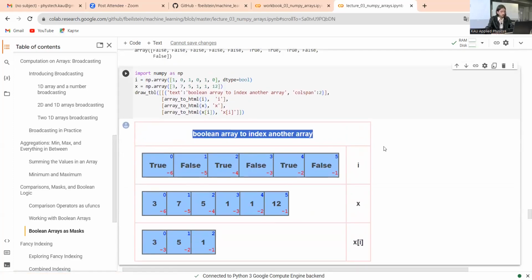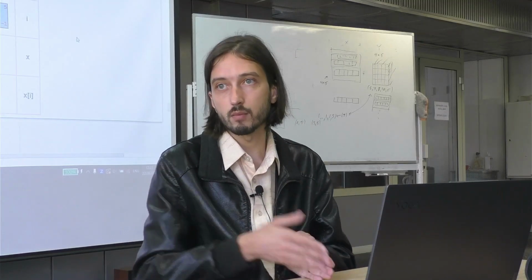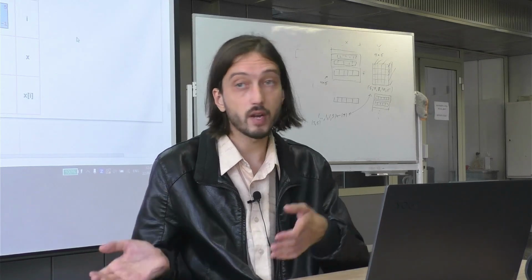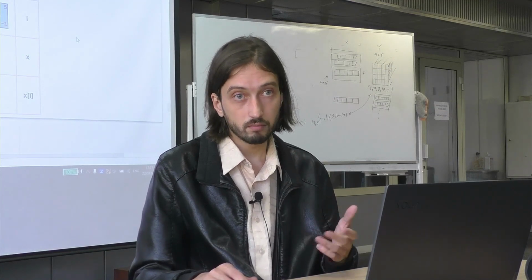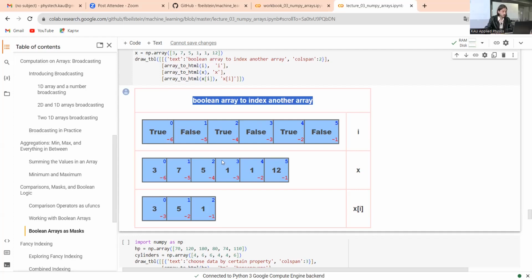Here is an example of usage of that array. So, okay, we can create a Boolean array. We can use a few arrays to create some Boolean array, so x less than 3 and x bigger than -5 and x not equal 0 and so on. Now you want to use that for something useful. And here is an example. I have array x and I have an array of, let's say, indices, if I can say that, that contains true and false, and true stays on the places of the elements I want to take out of x.